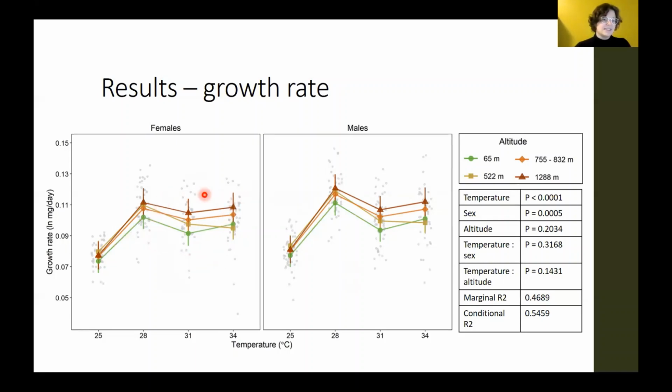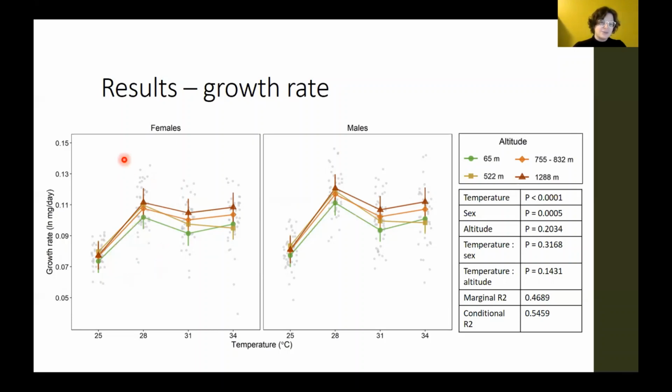Also, what's interesting here is that even though there's no clear effect of altitude, there's still a huge variation in the growth rates for the different individuals. I think that's also quite cool, also because it's lower at 25 compared to the others. So again, showing that 25 is maybe quite a stressful temperature for them.